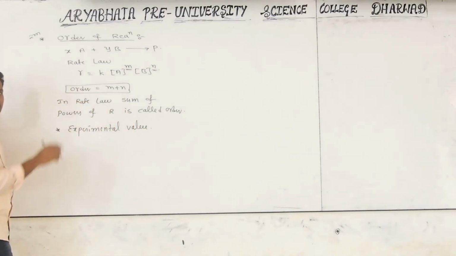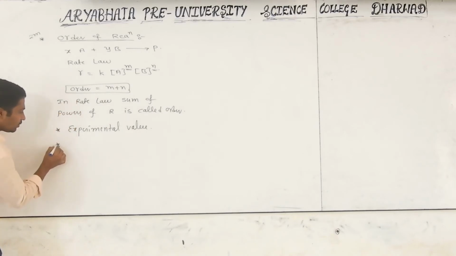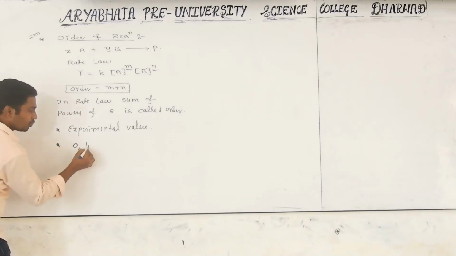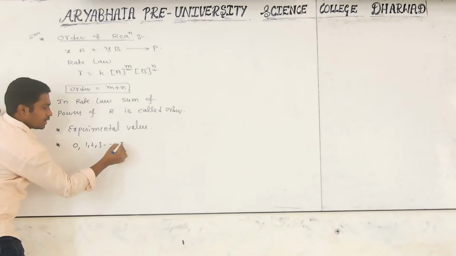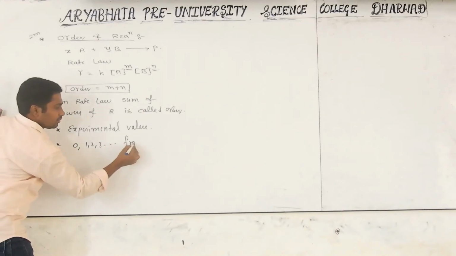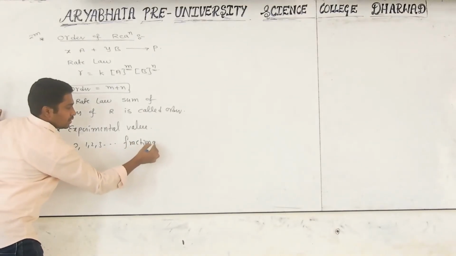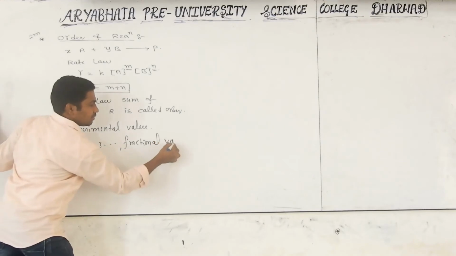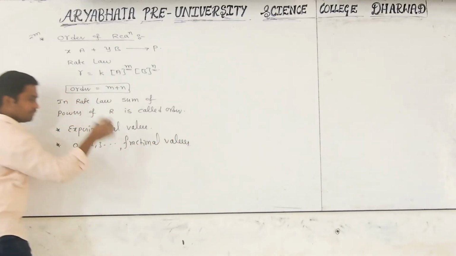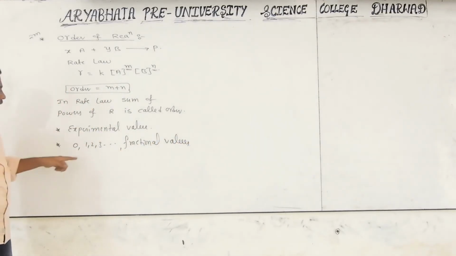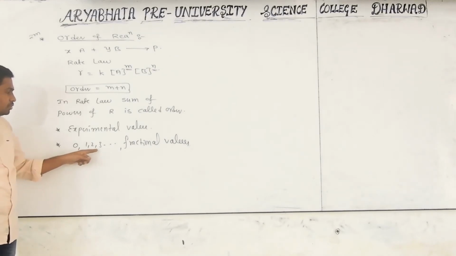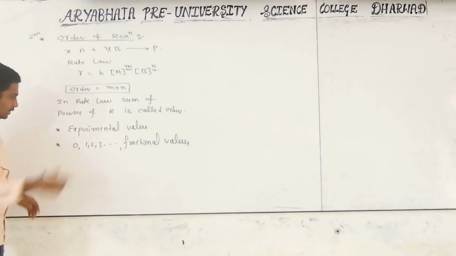Then only can we write the rate law. Order values may be 0, 1, 2, 3 and so on, and also fractional values. I will explain each with an example.